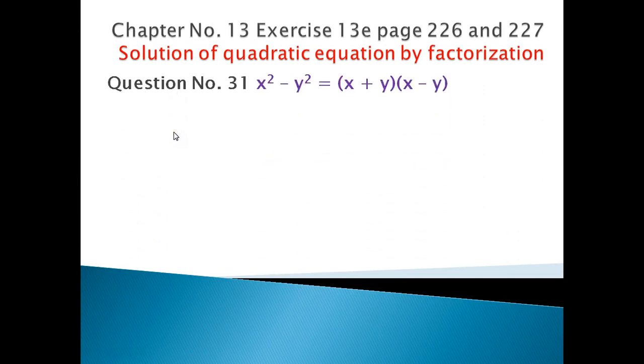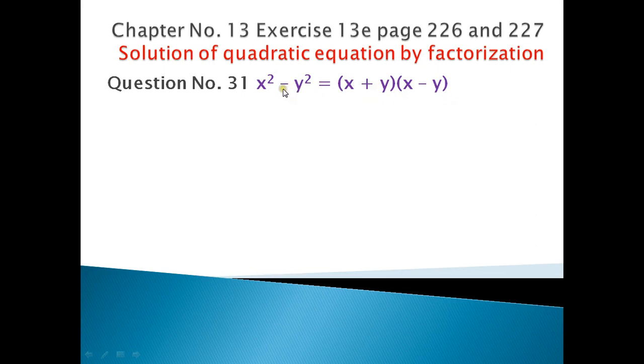Now question number 31 onwards are a little bit different. For finding the solution of these questions, you should keep in your mind one formula, and the formula is x square minus y square equals x plus y times x minus y. The rule is when two variables have squares and a negative sign between them. If there is a positive sign, you cannot do this kind of question.